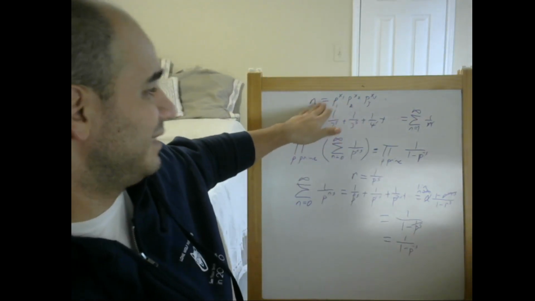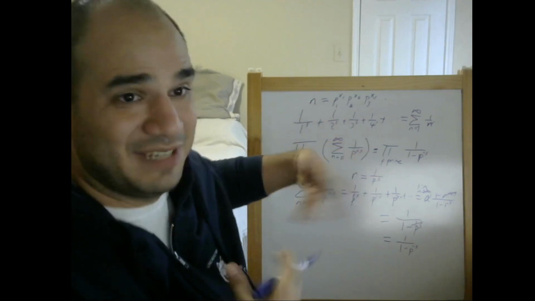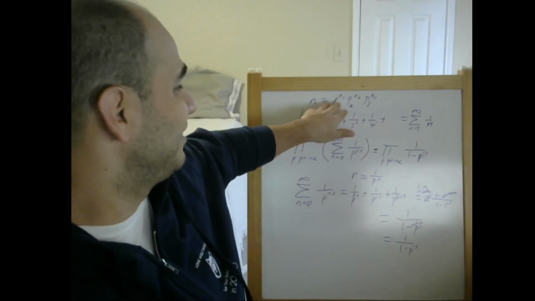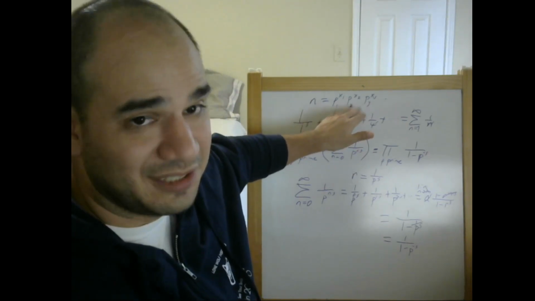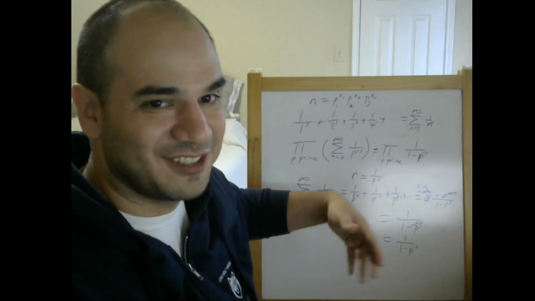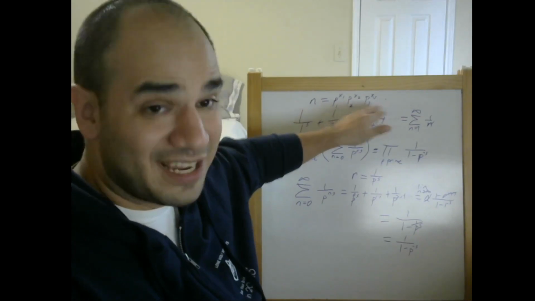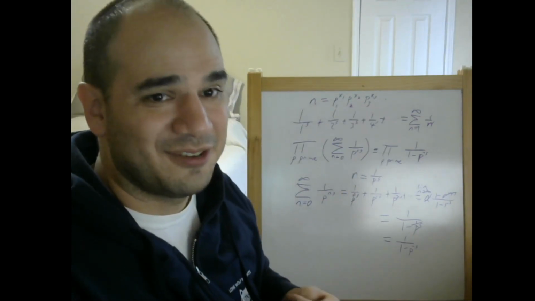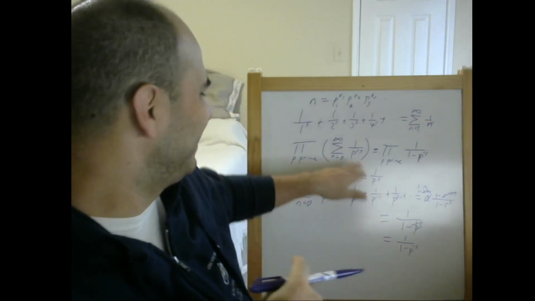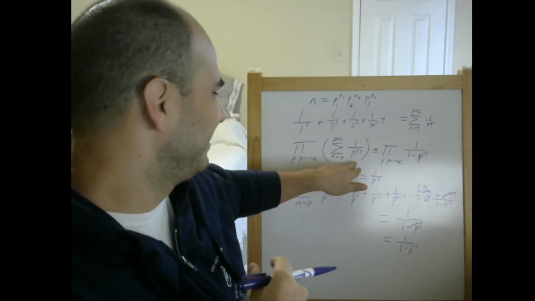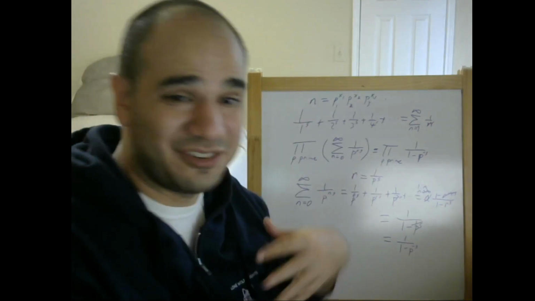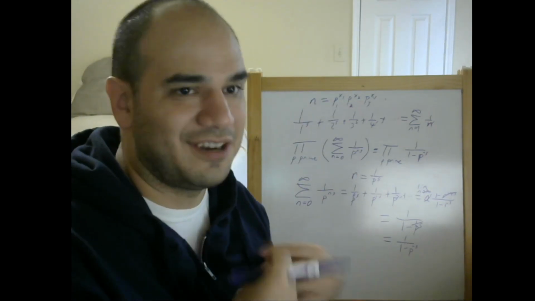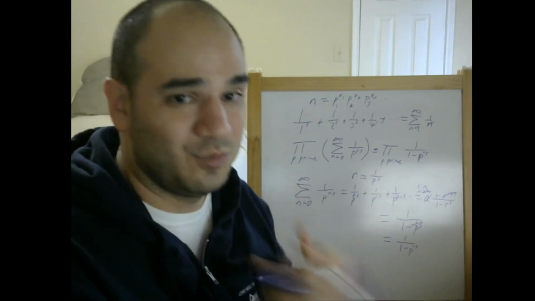So n is an integer, and so it has this factorization: 2 raised to some power, possibly 0, times 3 raised to some power, possibly 0, times 5 raised to some power, possibly 0. And so this is essentially the selection function, and it creates all of the products of primes with each other.